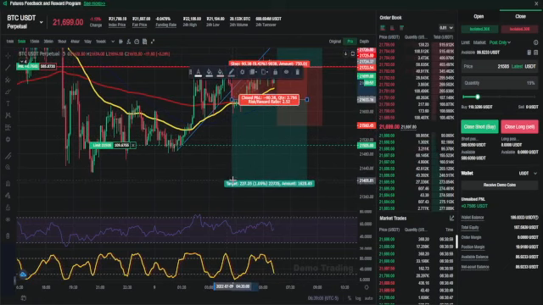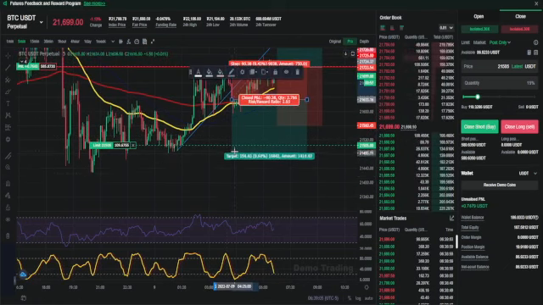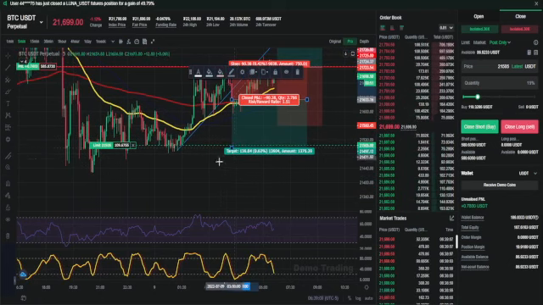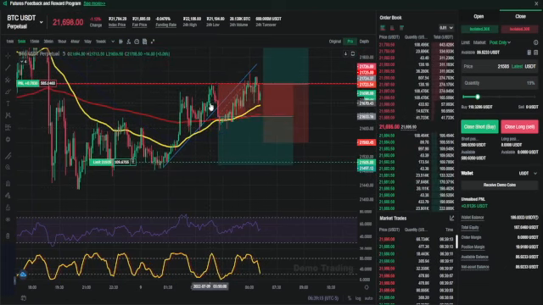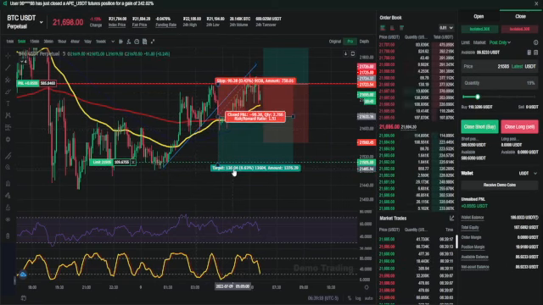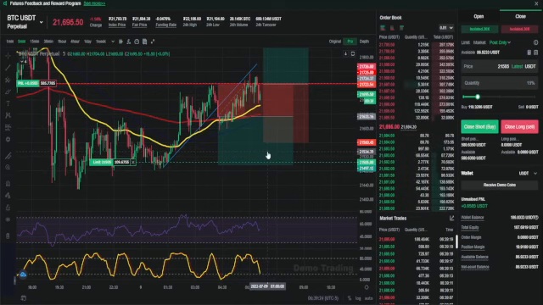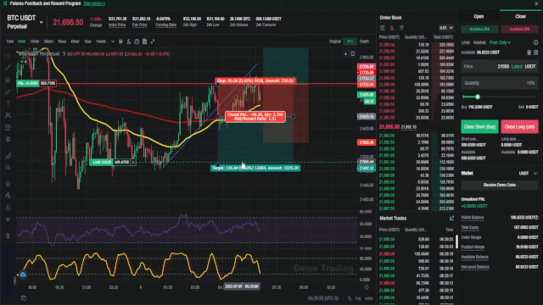So then I slide my slider to where it says 1.5, and that would be where I would be aiming to take profit, based off that particular cherry-picked trend line.